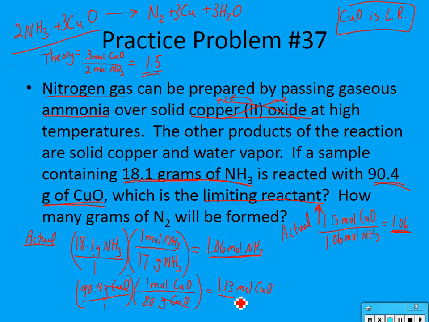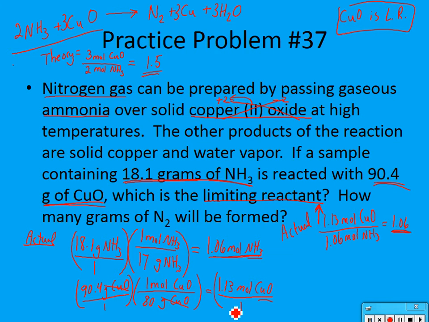Or am I going to start with moles of copper oxide to figure that out? Which one's going to run out first, guys? The copper oxide or the ammonia? Copper oxide is going to run out first. So we better figure it out from the copper oxide. You always use the limiting reactant to see how much product you're going to form. Okay? So let's just keep it going.